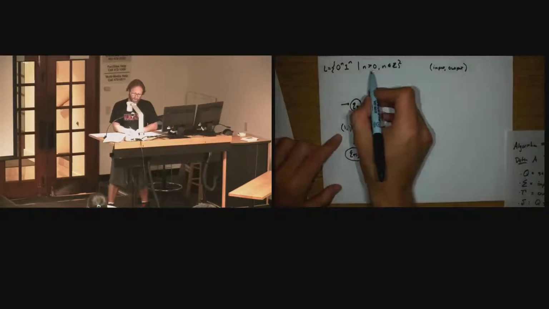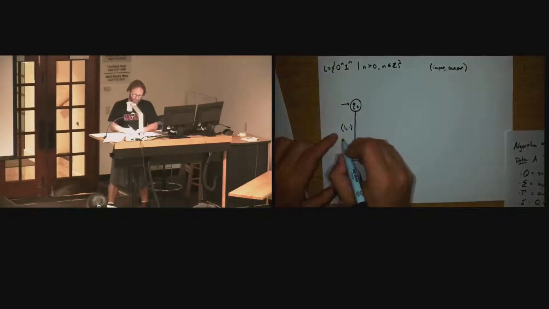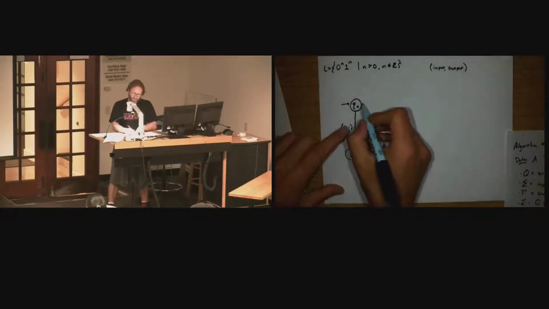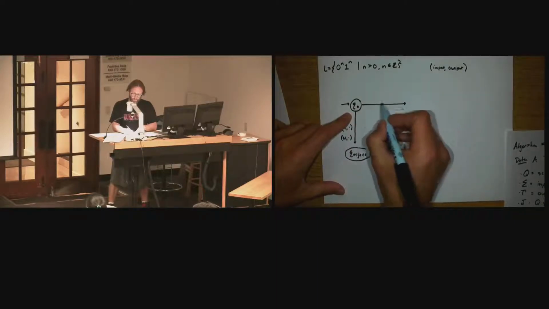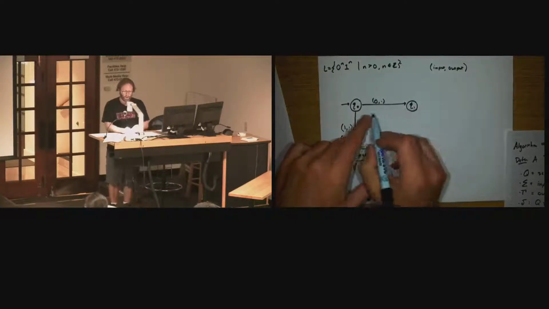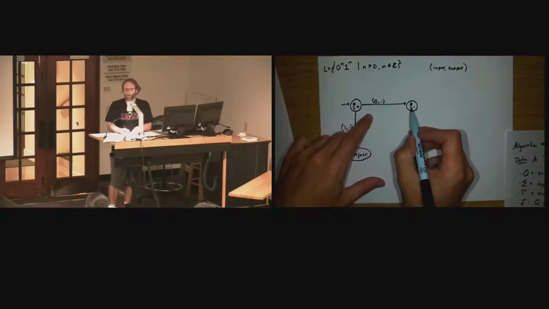Also, I said that it has to be greater than 0, so if I see nothing at all, it's an empty string, then I'll go ahead and reject that one too. Otherwise, if I see a 0, and it doesn't matter what I see on the input, I will go ahead and go to this state over here, Q1. Okay? This is my while loop, the start of my while loop.